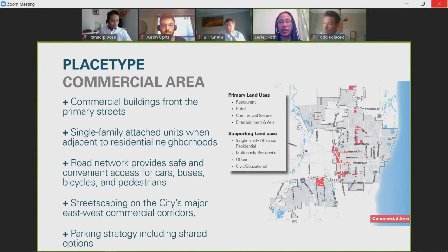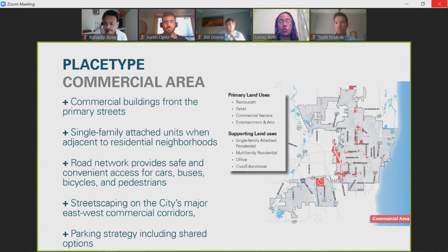The commercial areas of the city are generally located along the 4 major corridors coming into Waukegan. Ranadeep mentioned in his discussion several improvements that the comprehensive plan recommends, including robust goals for an economic development strategy that increases commercial activity along these corridors. Some of the primary land uses are similar to residential areas, although they may be at a little bit different scale. Those include restaurants, retail, commercial and personal services, as well as arts and entertainment.